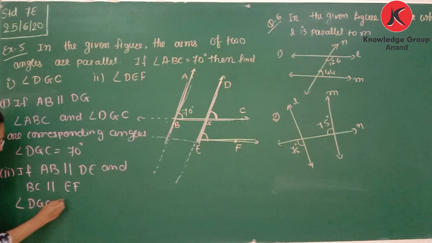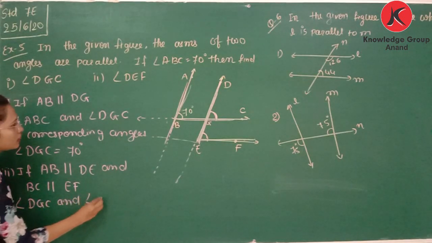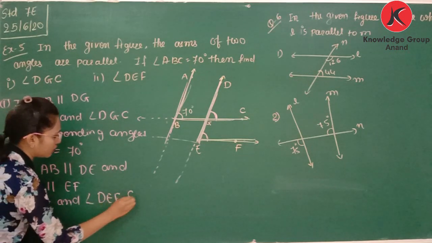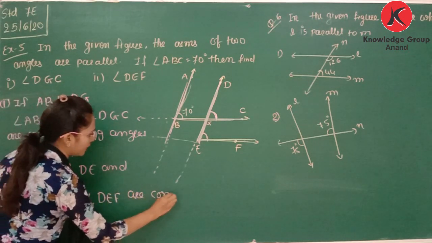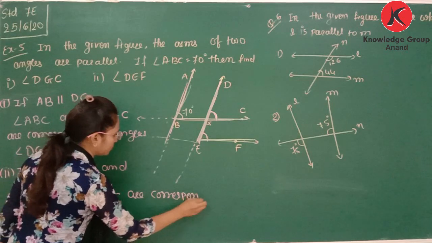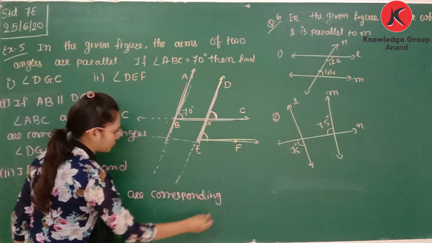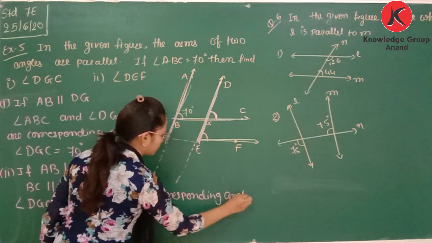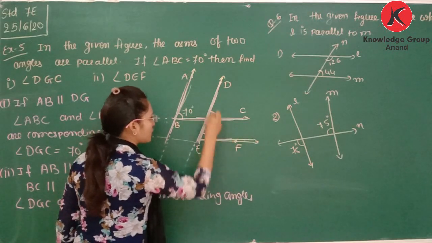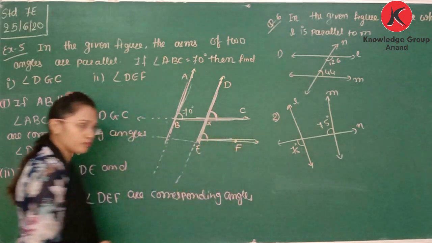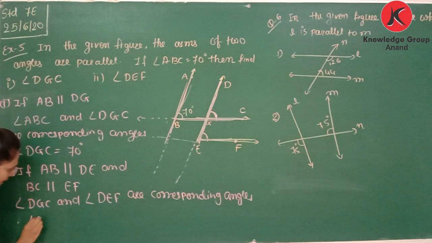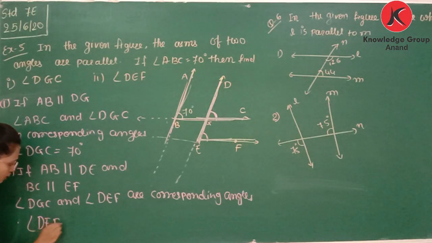Angle DGC and angle DEF are corresponding angles. Here you can see F is formed. So we can write angle DEF is 70 degrees.